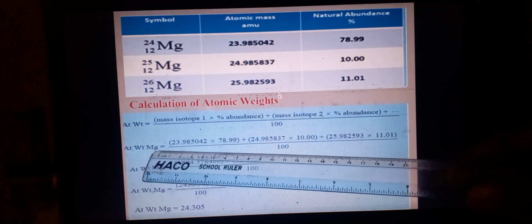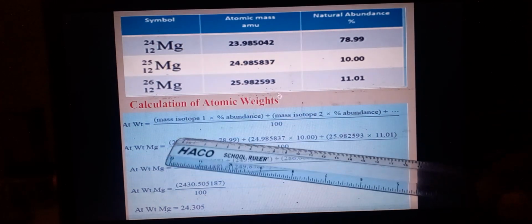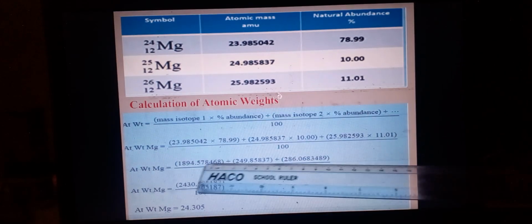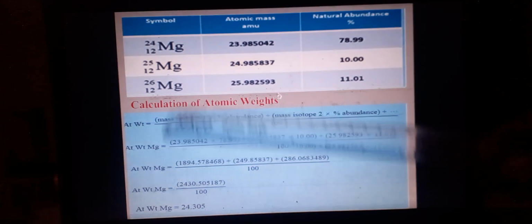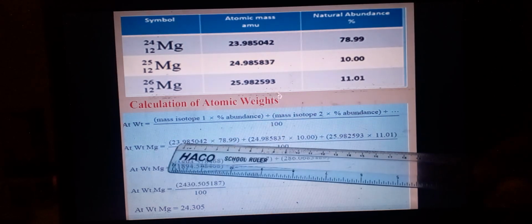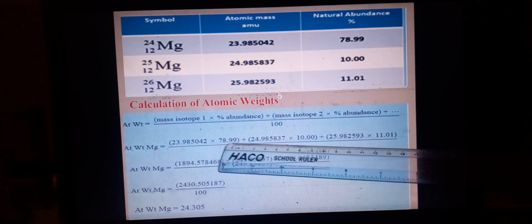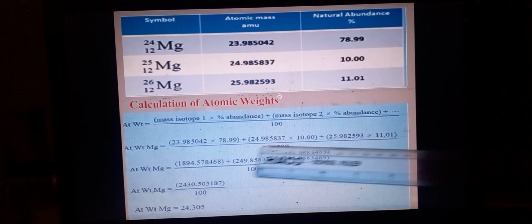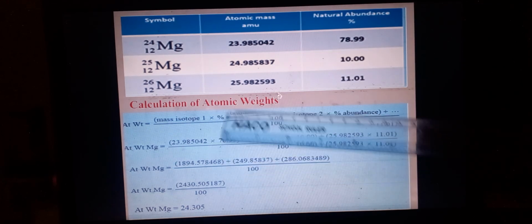The first isotope has a mass of 24. Remember, here they have given us the exact values. So it is 24, but they have used 23.98 times the percentage abundance, which is 98.99, plus the second one.